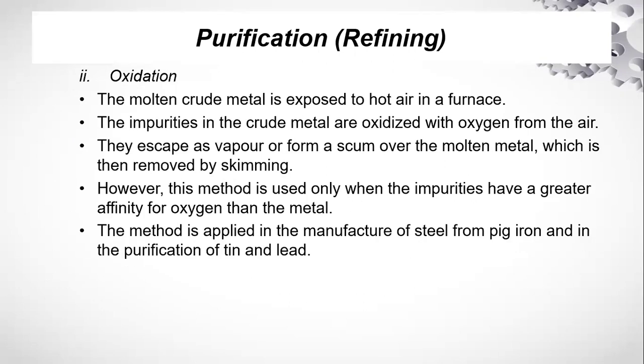The other way of purification is oxidation. The molten crude metal is exposed to hot air in a furnace, whereby the impurities in the crude metal are oxidized with oxygen from the air. They escape as vapor or form scum over the molten metal, which is then removed by skimming. However, this method is used only when the impurities have a greater affinity for oxygen than the metal.